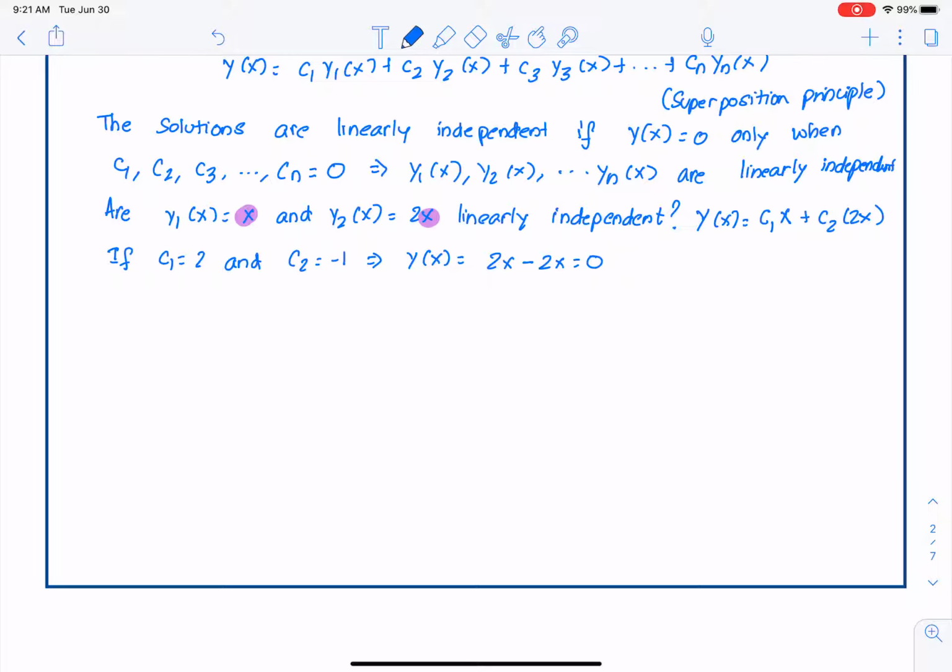The condition for linear independence is the solutions are linearly independent if y becomes 0 only when all of the constants become 0. And that is not the case. c1 here is 2, c2 there is -1, but the solution ended up being 0. So they are not linearly independent. If they're not linearly independent, we call them linearly dependent.